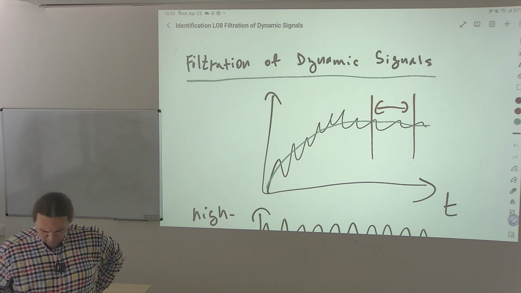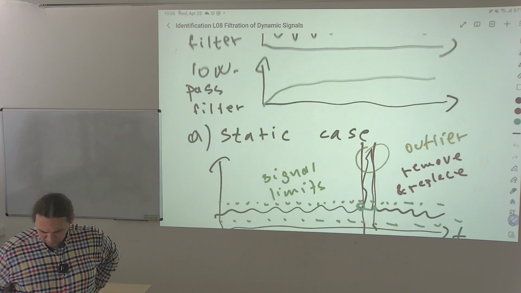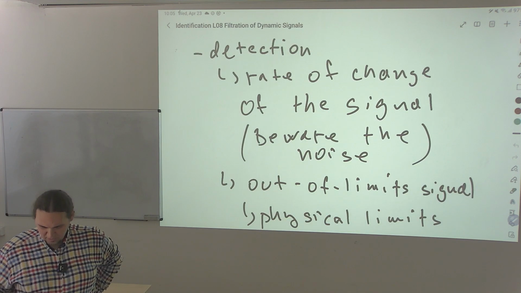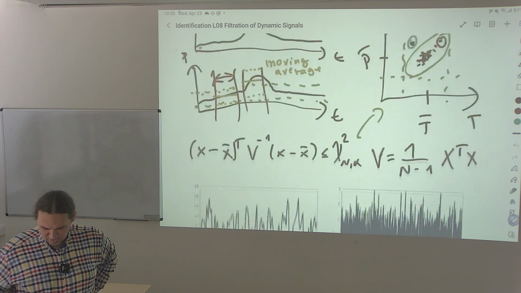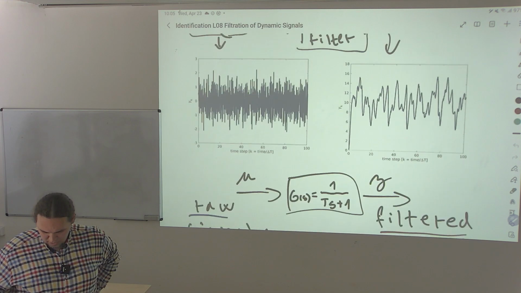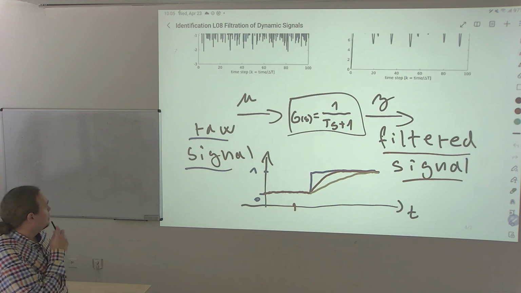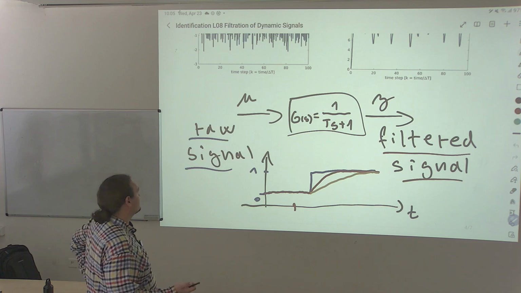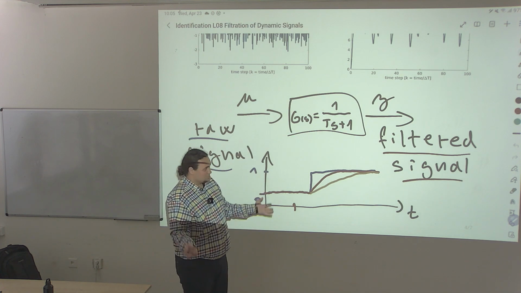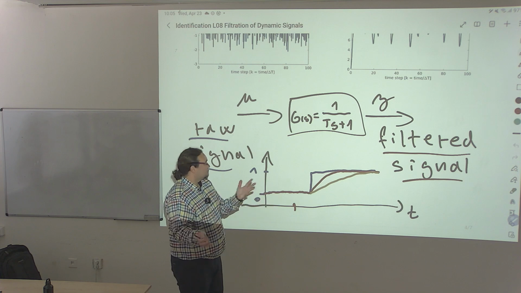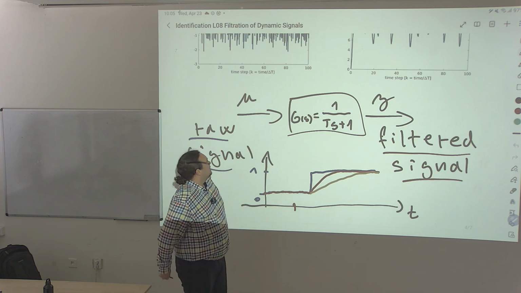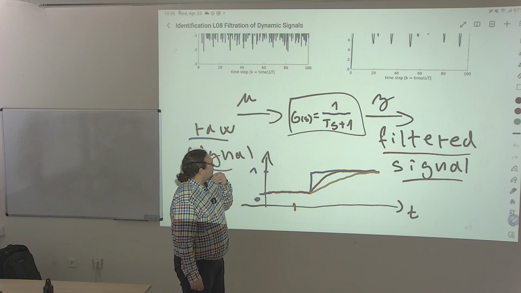I was there promising, yes, we will slowly transition from the static discussions to actually discussion about the filters, which in themselves are dynamic systems, because the filter's transfer function is the same thing, the two sides of the same coin.